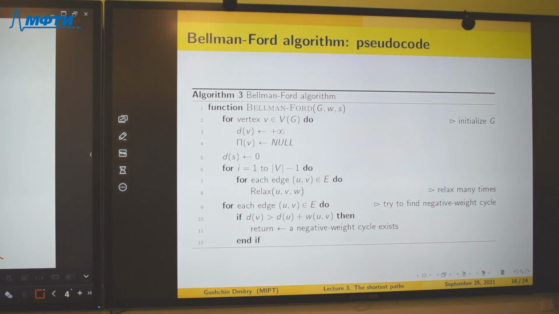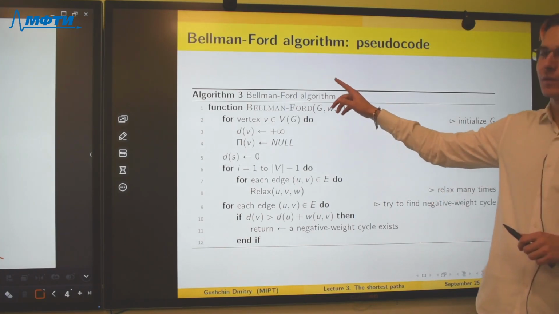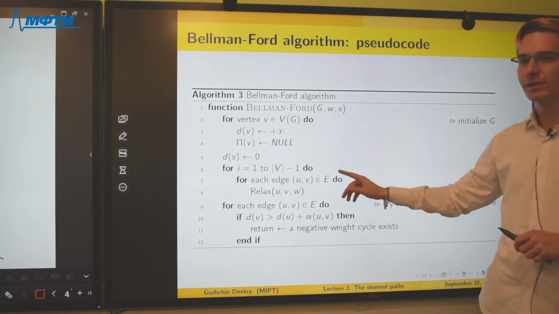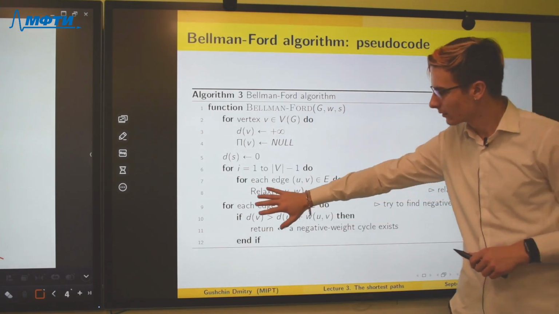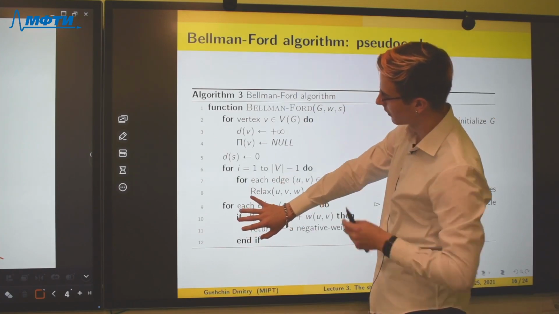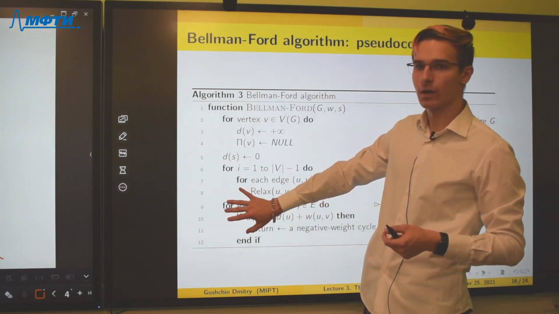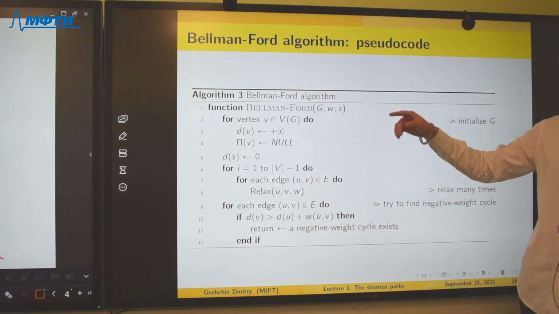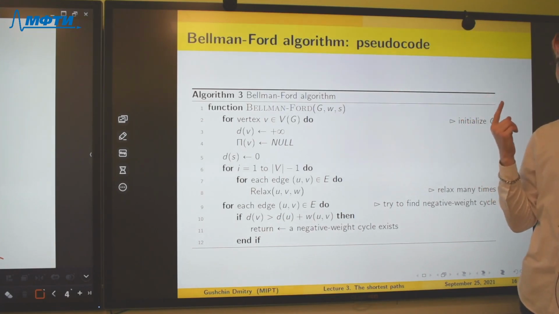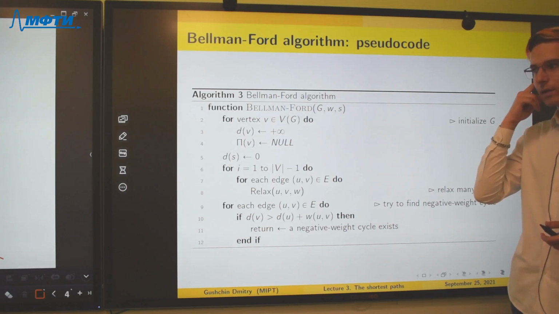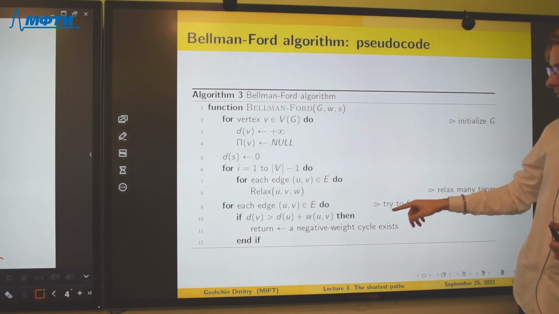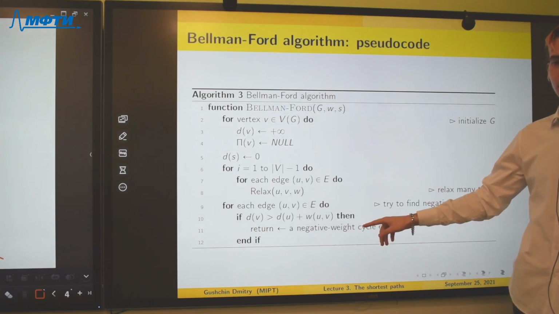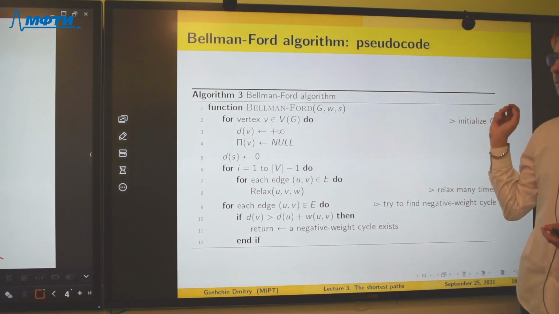And it is interesting that if we relax all the edges and then repeat relaxation after these 8 lines, and it changes even one distance, then we can say that the vertex that has a new distance is contained in a negative weight cycle.